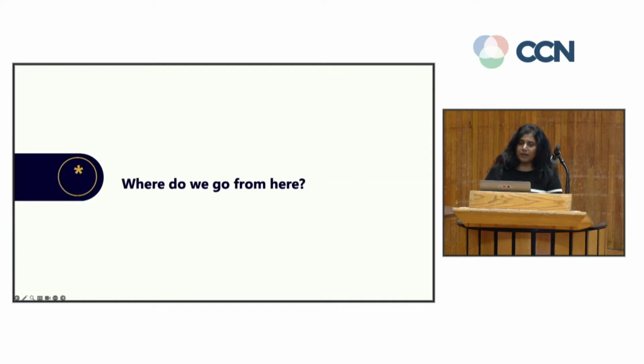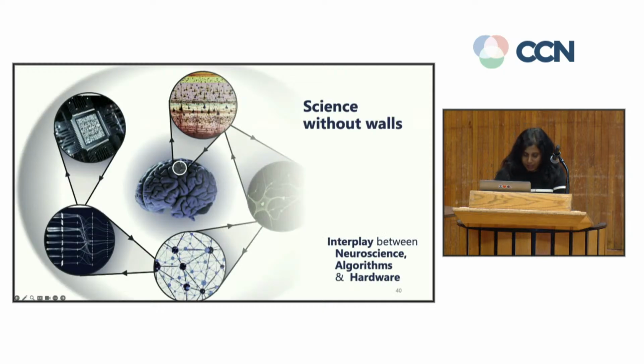So where do we go from here? I said I'll come back to this original slide. There was this huge theme at the AAAS meeting this year: do science without walls. I think it's really important, as we are thinking about this next generation of AI algorithms or systems, that we work across disciplinary boundaries.